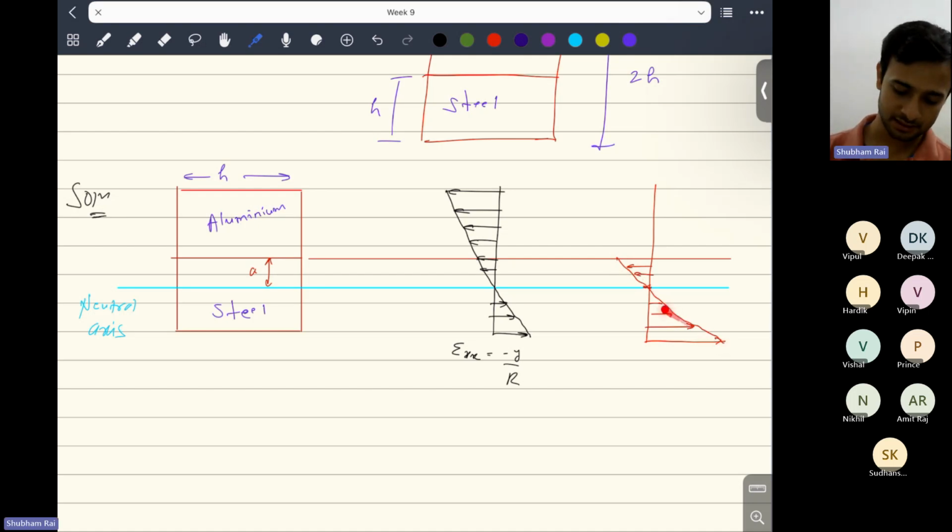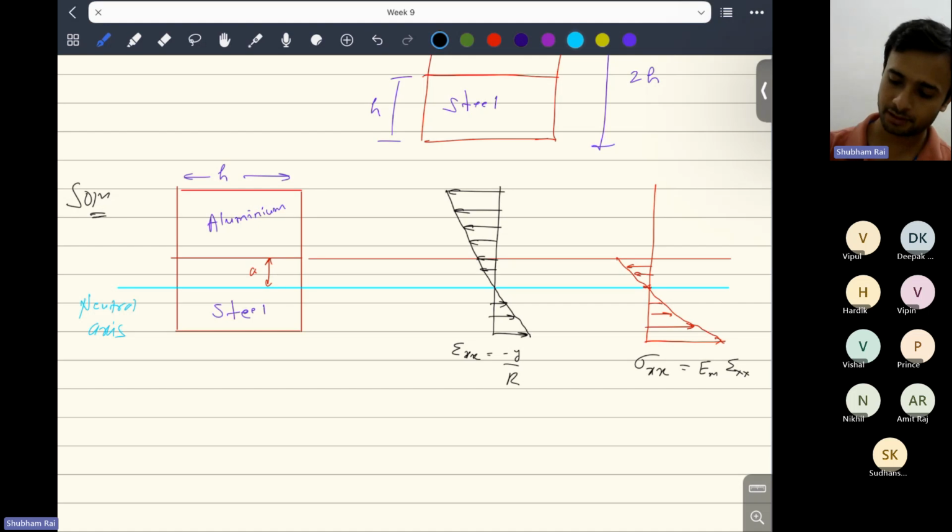The sigma xx is in steel. So I'm just writing here sigma xx is equal to E of material. I'm writing EM. Maybe steel or aluminum, anything can be there. And EM times epsilon xx, right?